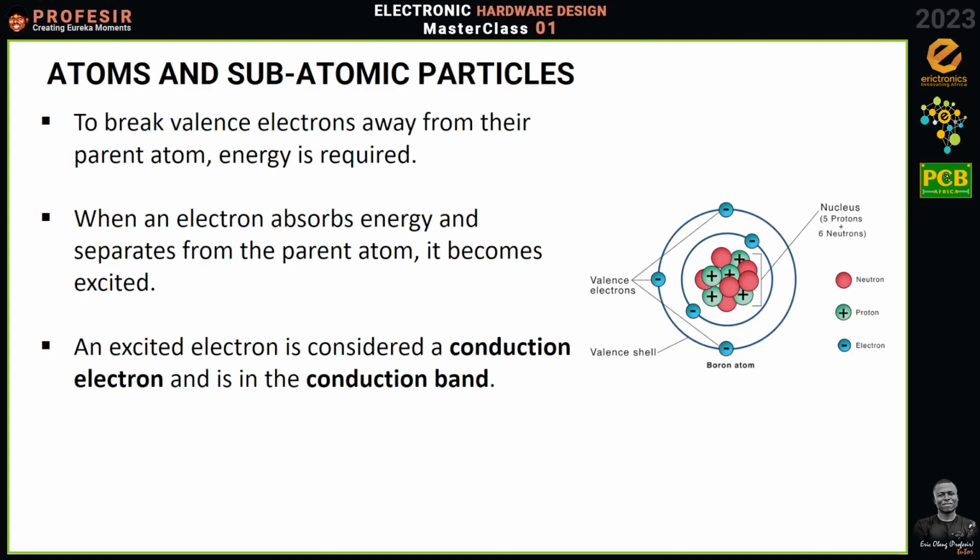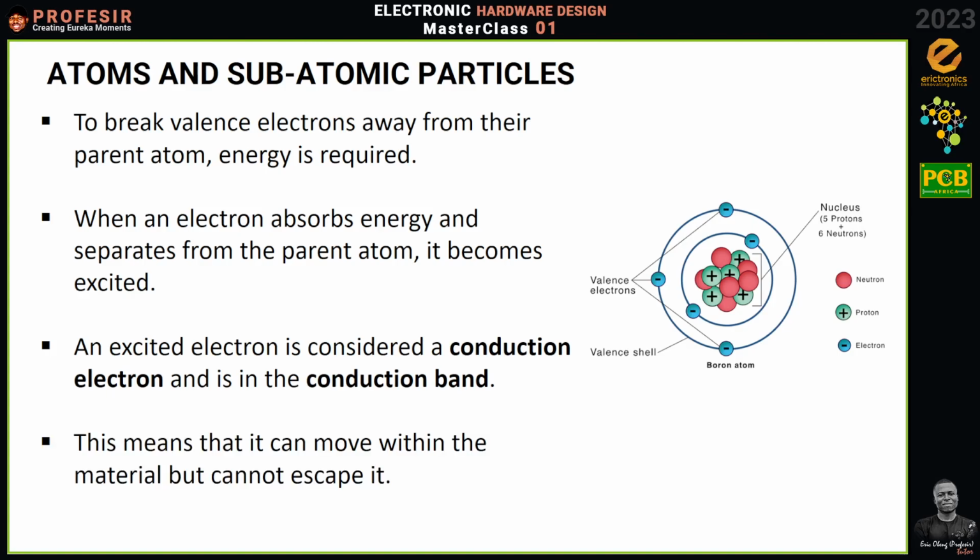Then it got energy and broke away from the parent shell, and it landed in the conduction band. The conduction band represents the fact that the electron is no more bound to the parent, so it can move through the entire crystal, but there is a catch here. The catch is that it cannot leave the material.